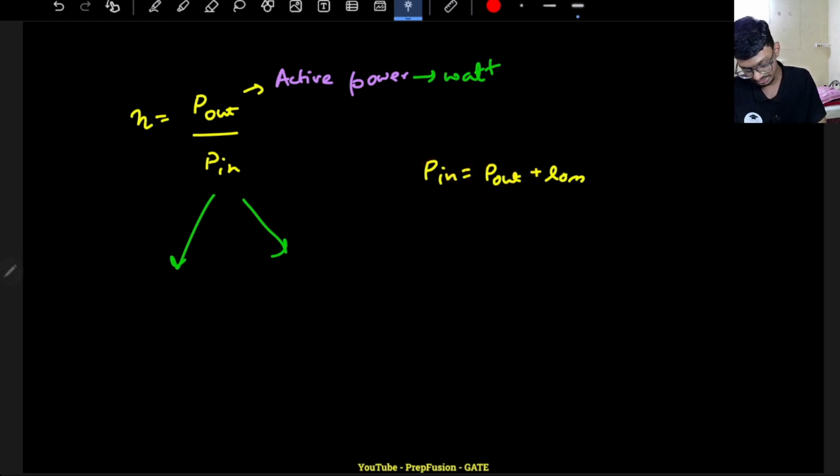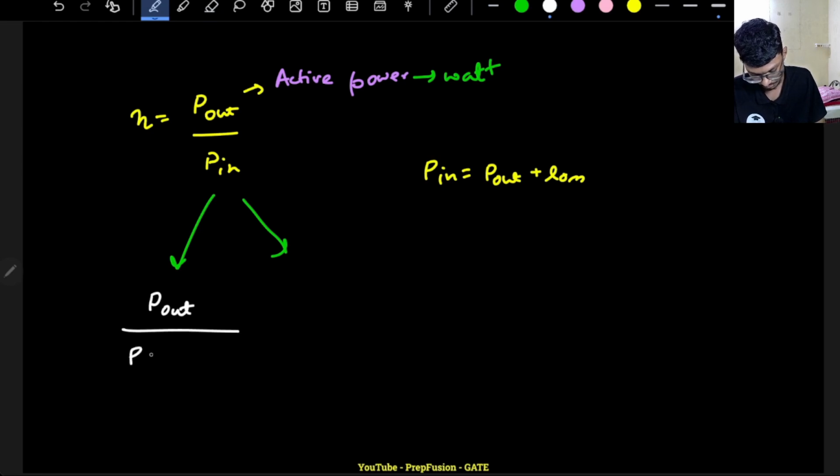So if I replace this P input in this equation, then efficiency becomes P out divided by P out plus losses. So in percentage we write into 100%.